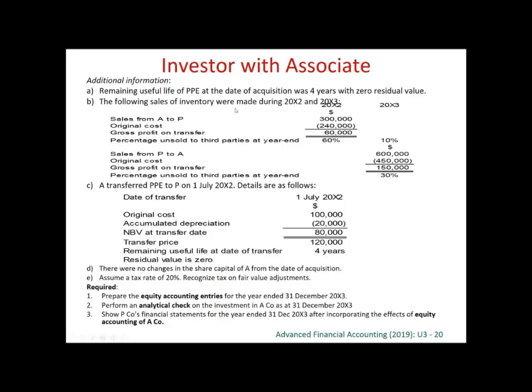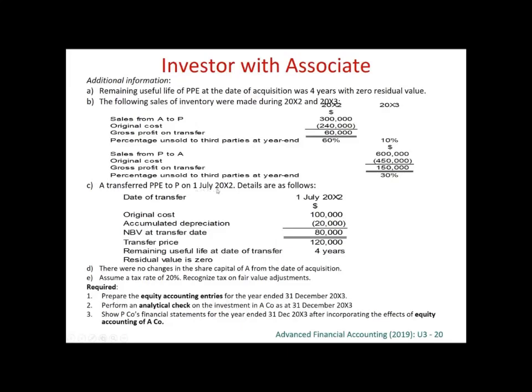In addition, there will be intercompany transactions. We have got one intercompany transaction last year, 2002, and one intercompany transfer for the current year, 2003. The intercompany transfer of property, plant, and equipment was on 1st of July 2002.